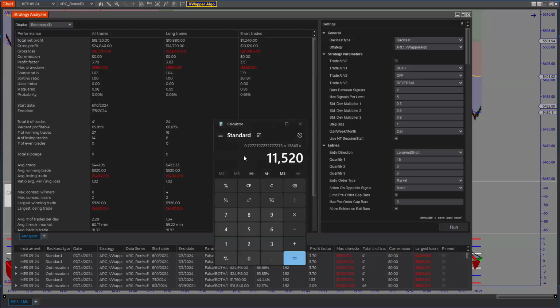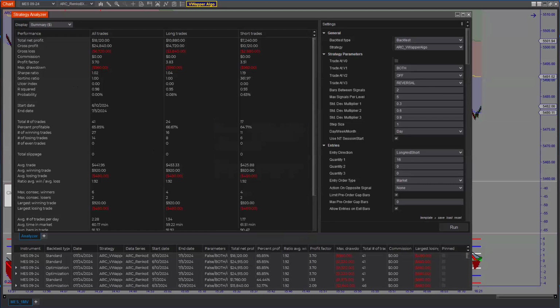And then the drawdown, that didn't work. 0.7272 is what it was, so we'll just do that times 2640. 1919. Okay.